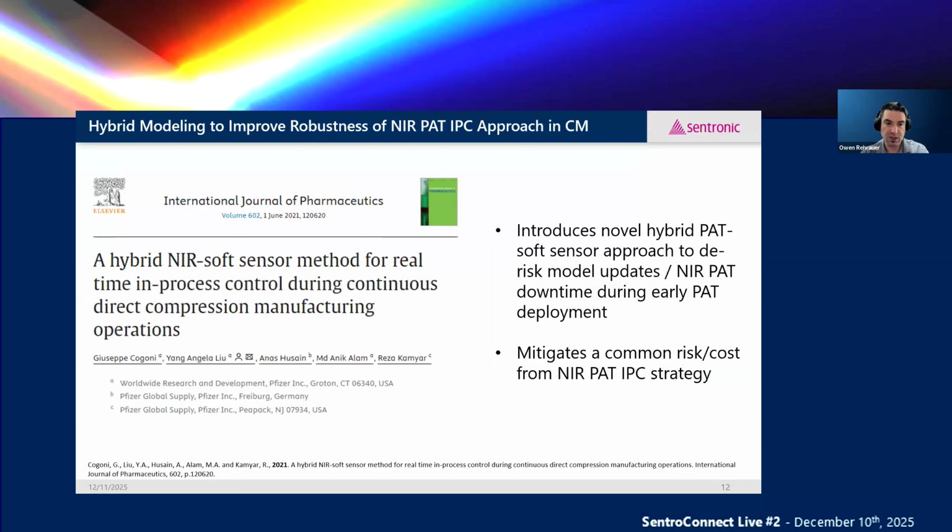Namely, we've seen publications from places like Pfizer, I put the reference on the screen here, where a fusion of NIR PAT data as well as soft sensor data is used to reduce the overall calibration burden of the NIR PAT method, and by that reducing costs, reducing the time it takes to develop and maintain an in-process control in a more cost-effective way.